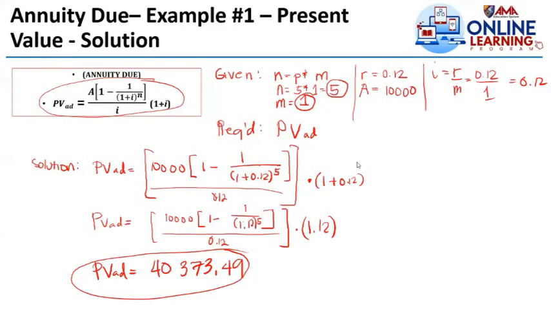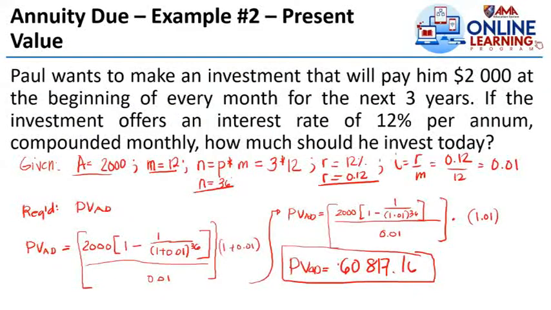So we're done with this. Now let's go with another example. Paul wants to make an investment that will pay him $2,000 at the beginning of every month.